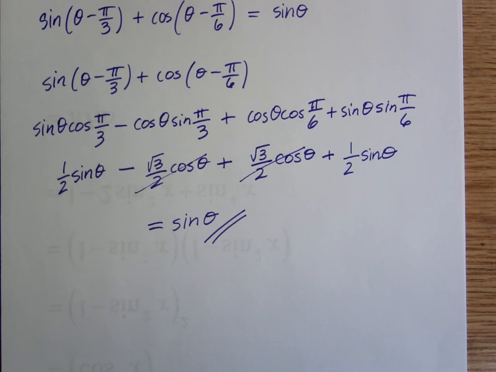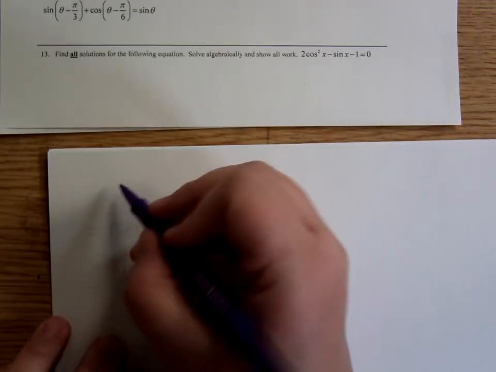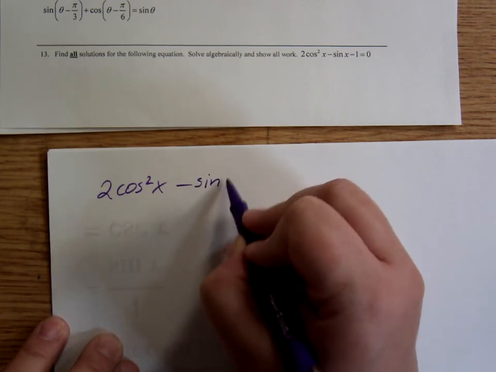All right, number 13 says, find all solutions for the following equation. Solve algebraically and show all work. My equation is 2 cosine squared x minus sine x minus 1 equals 0.